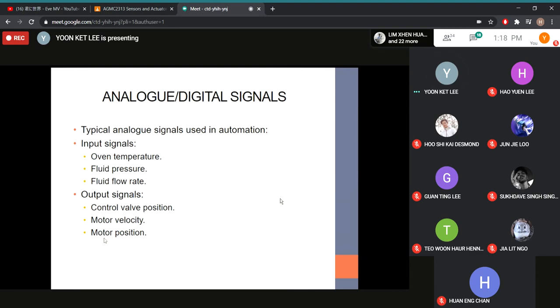And another one is the motor positions. This is especially for the stepper motor, where we want to rotate the angular positions. For example, we want to rotate to 5 degrees, 10 or 20 degrees, depending on your reference datum.